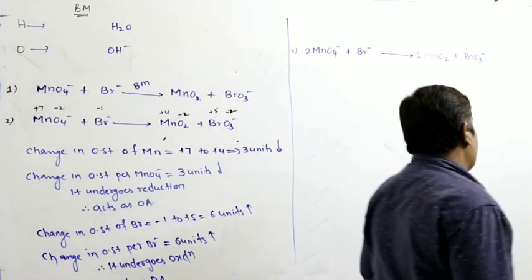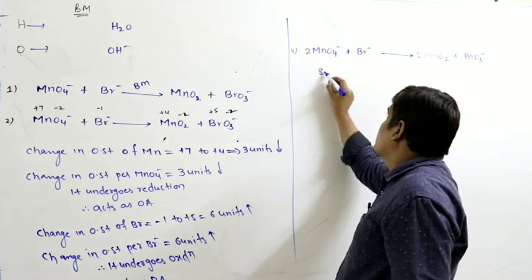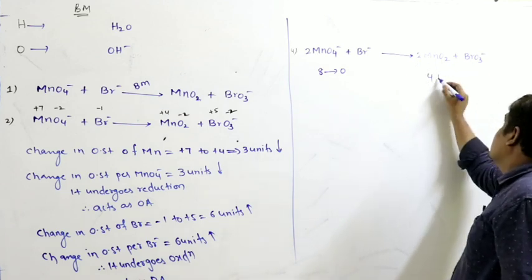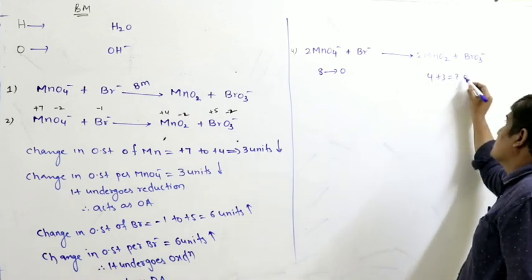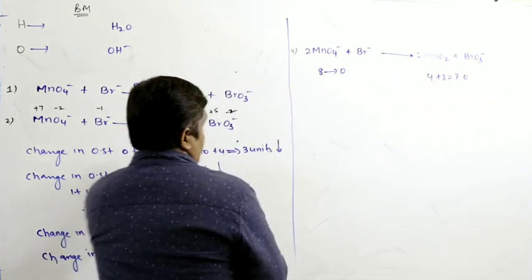So, there is no hydrogen. Let us balance oxygen. Count oxygens. 2 into 4, 8 oxygens. 2 2s are 4 plus 3, 7 oxygens. So, we have one oxygen atom less on the other side.